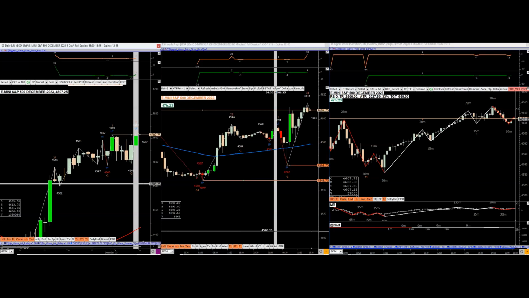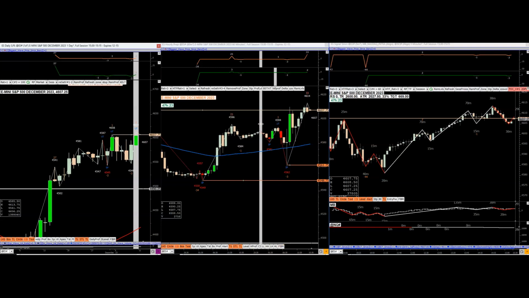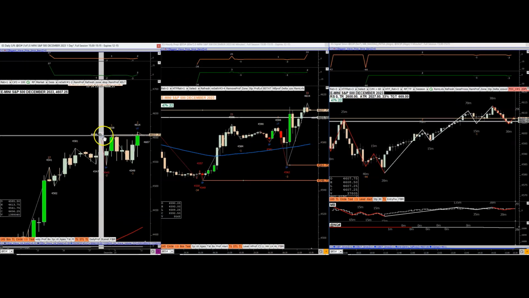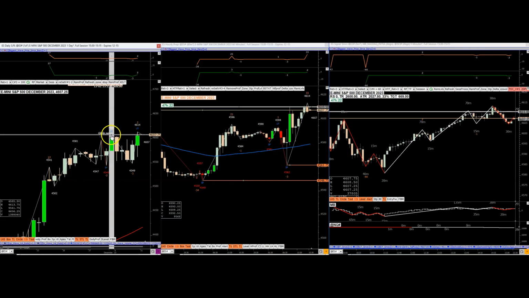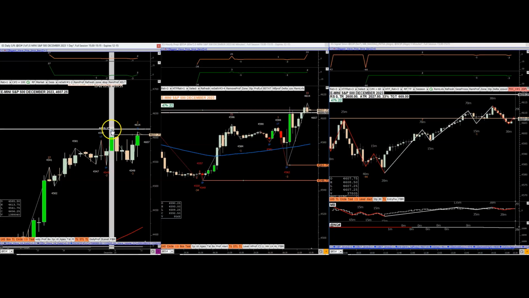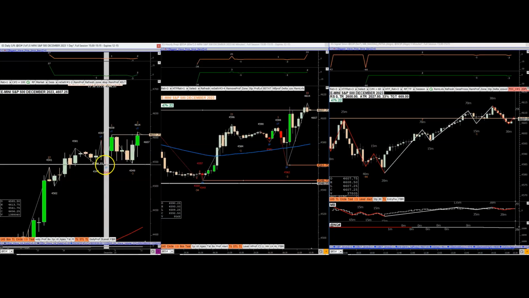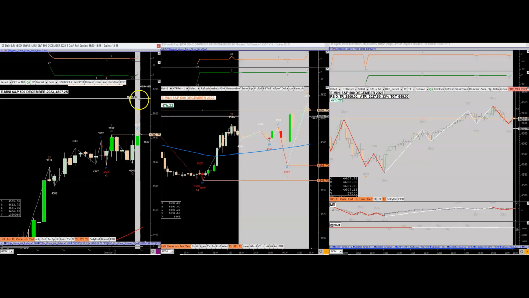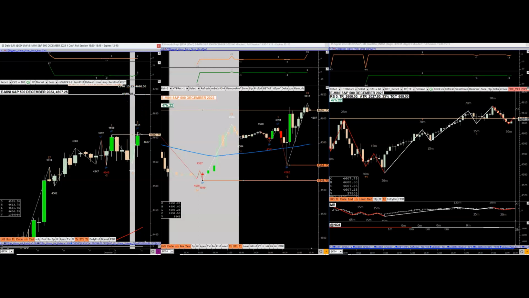Let's give examples. As you can see, it upthrusts on the daily, then springs, and then creates the high, puts it back into an upthrust position, then pulls back. This time it didn't spring, and it created the high, but it's back into an upthrust position unless it rallies. So they constantly test the edges of the trading range, springing and upthrusting, until eventually it just makes a new high or a new low.